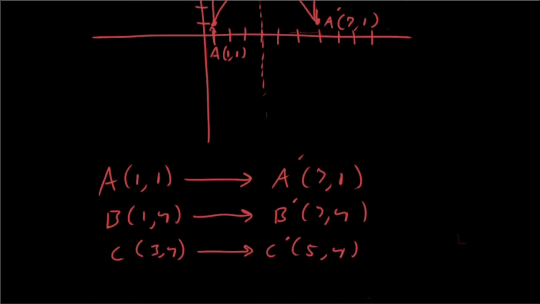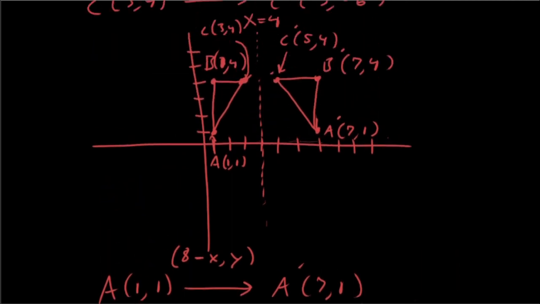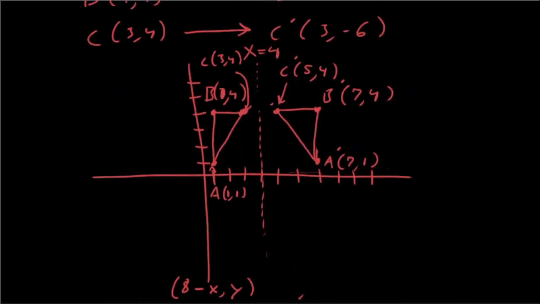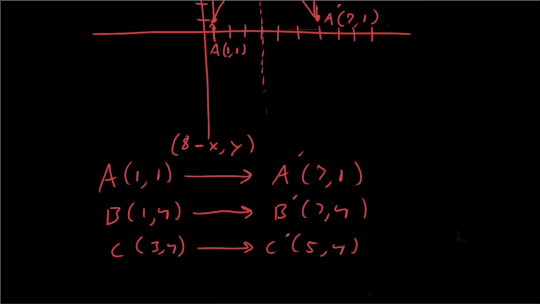We know the x's change, so minus x, and then the y's stay the same. I think this is 8 minus x, right? Because 8 minus 1 is 7, 8 minus 1 is 7, 8 minus 3 is 5. Okay, so that's how you do all these types of reflection problems. Graphically, it's the same distance from the line to the figure or to the point, and then you just graph the triangle that reflects. All right, that's it.